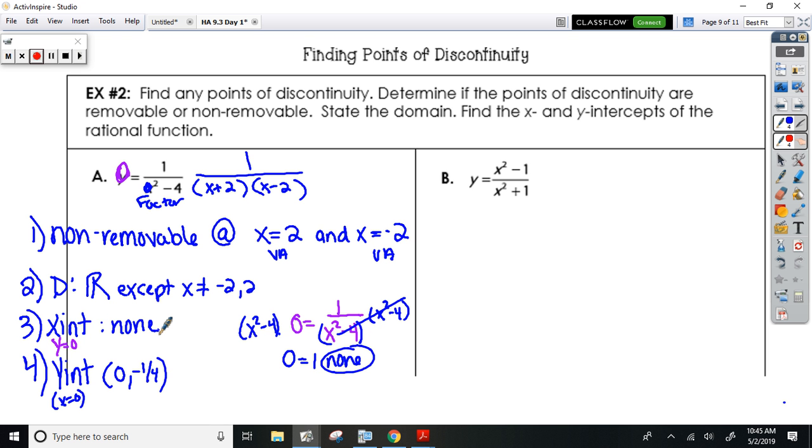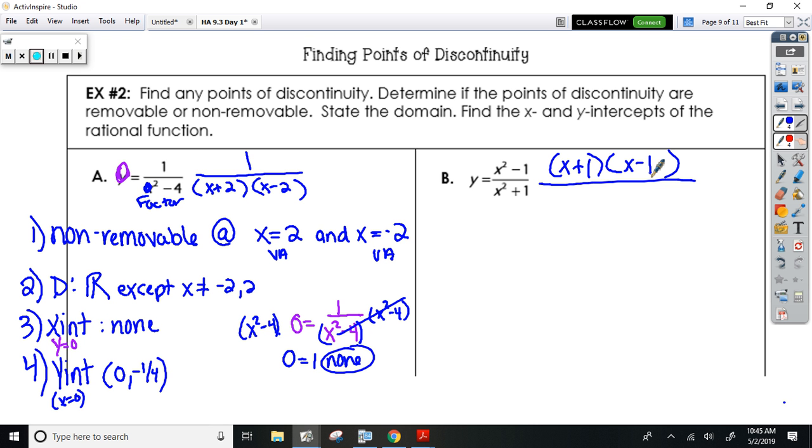The next one, can we factor the top or the bottom? Someone I haven't heard from yet today. How would I factor the top? X squared minus 1. X plus 1, x minus 1. Very good. How about the denominator? Sheila.